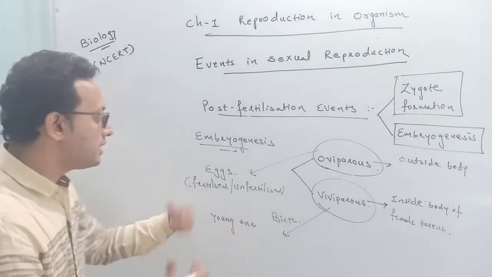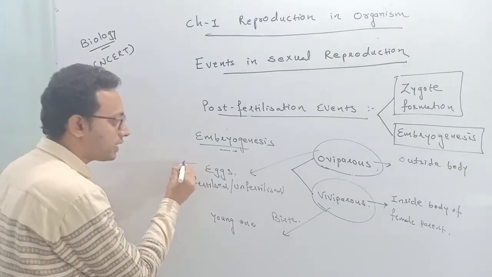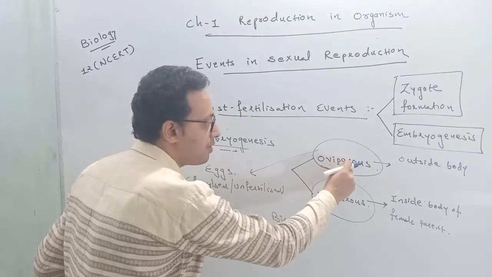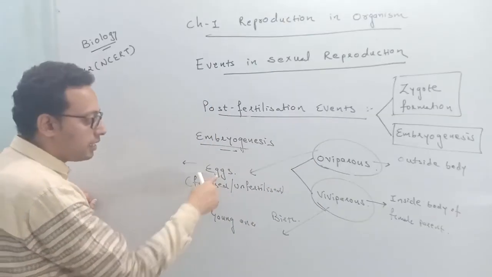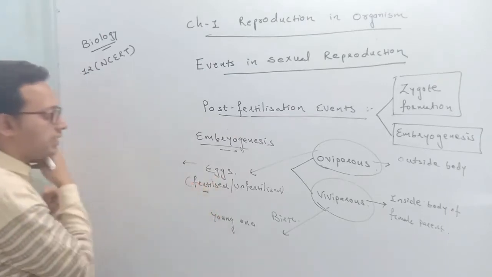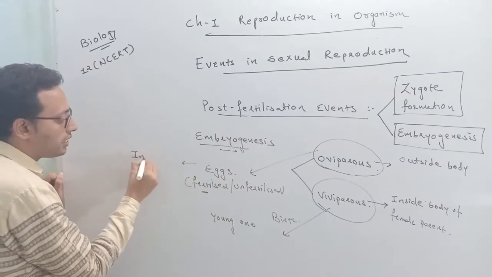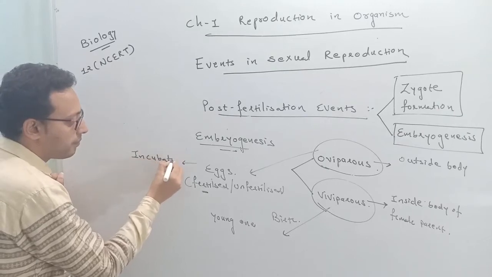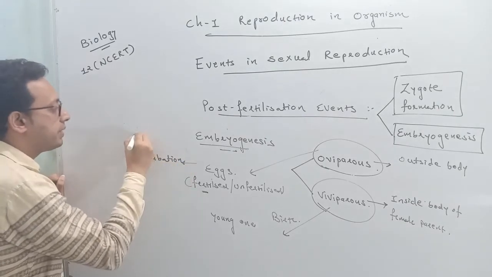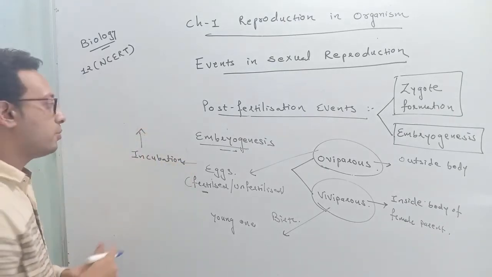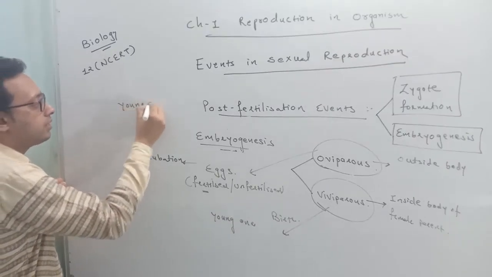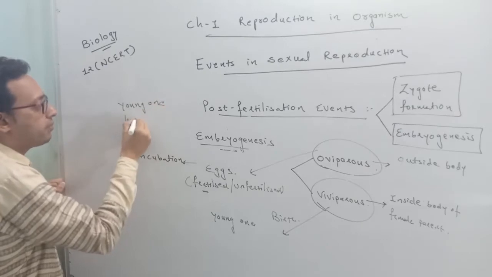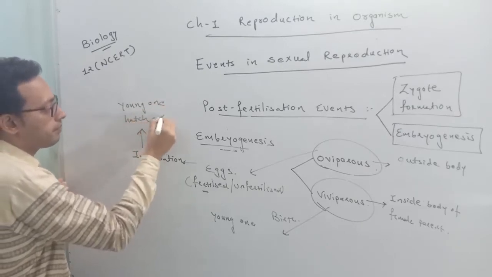Now let's discuss what happens to these eggs. Oviparous animals give eggs, but the fertilized eggs undergo a certain period of incubation. After that period, the young one hatches out from it.